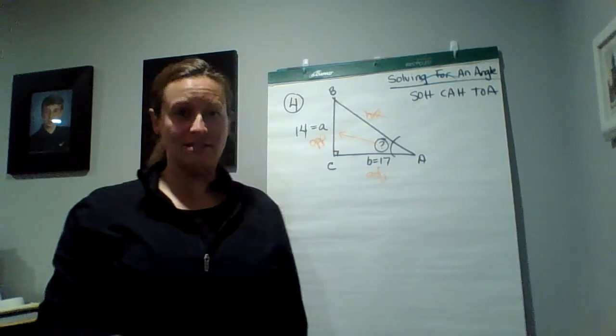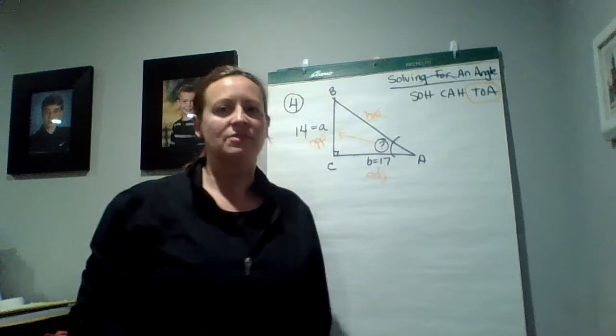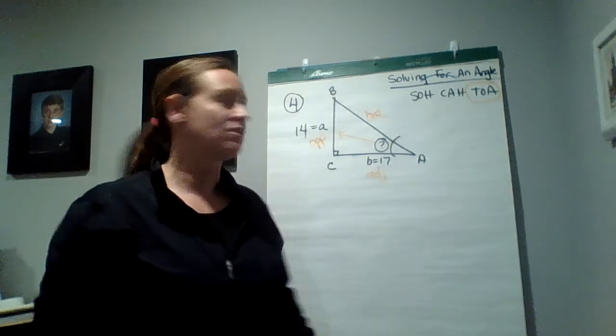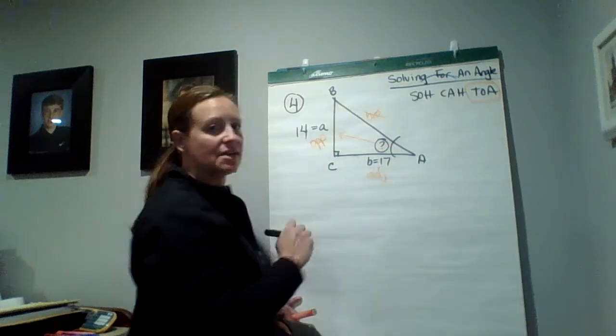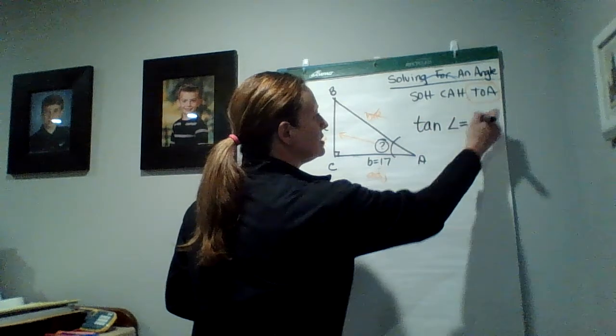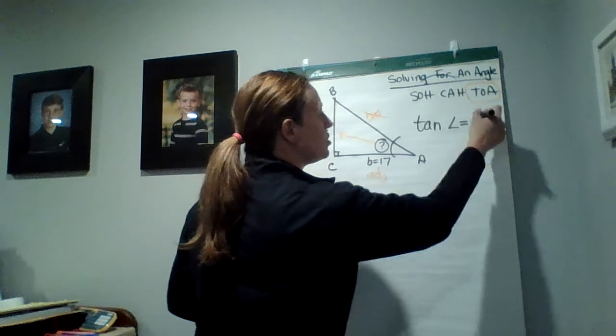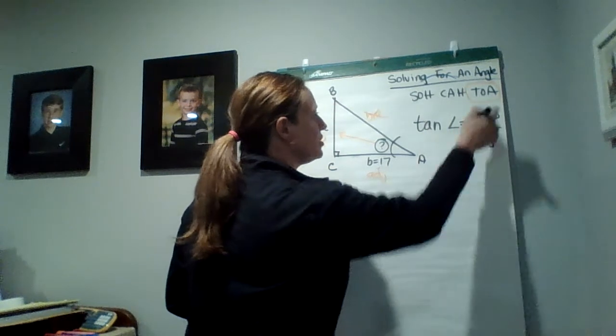So opposite and adjacent come together in the tan or tangent trig ratio. So let's write down the tangent equation. Tan of an angle equals opposite over adjacent. TOA.